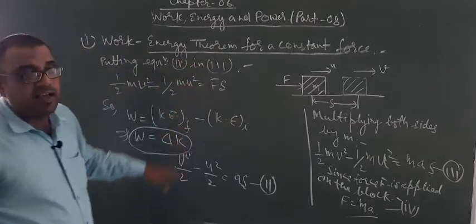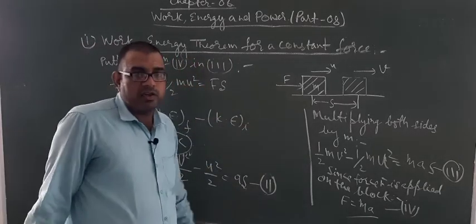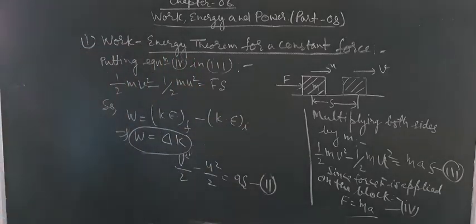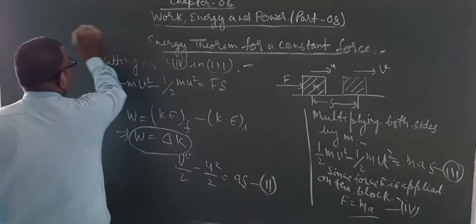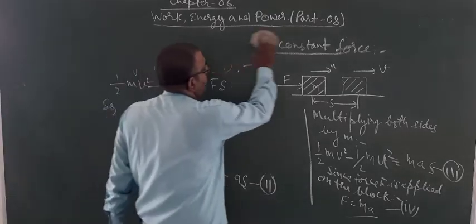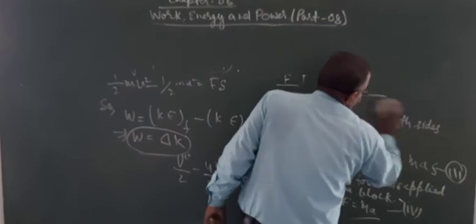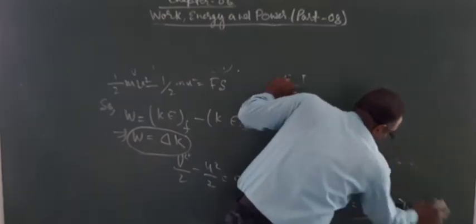So it is considered as the work done by the constant force. Now we will concentrate our discussion on the work done by the variable force. Work energy theorem for variable force.